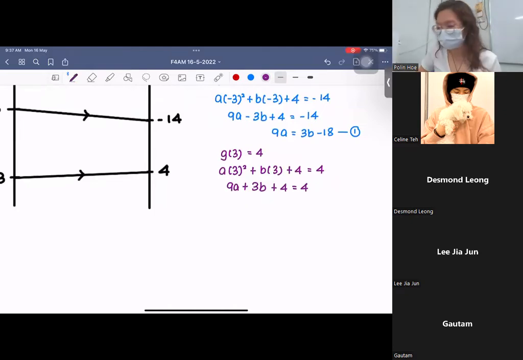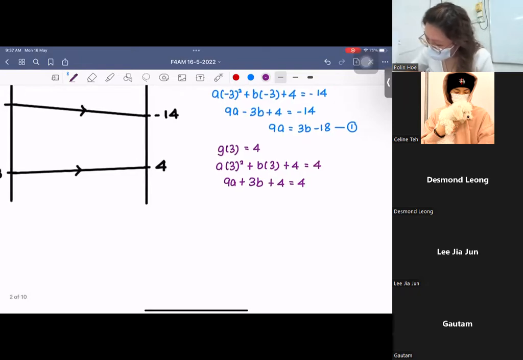And then can you solve it by yourself? You continue to solve because I cannot always give you the answer. What's the answer? 9a plus 3b equals 0, equation 2.